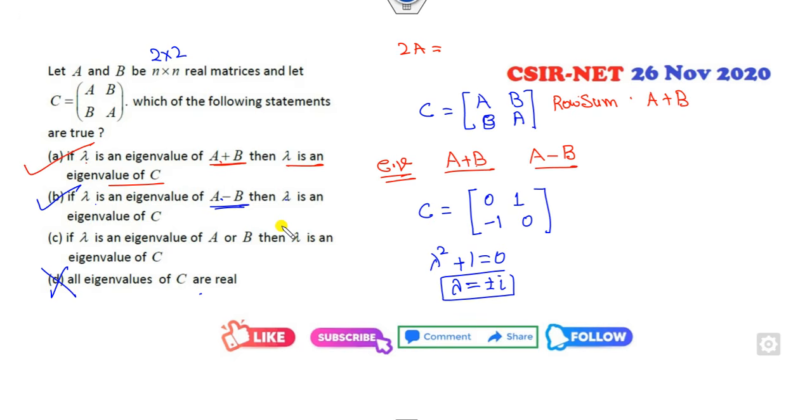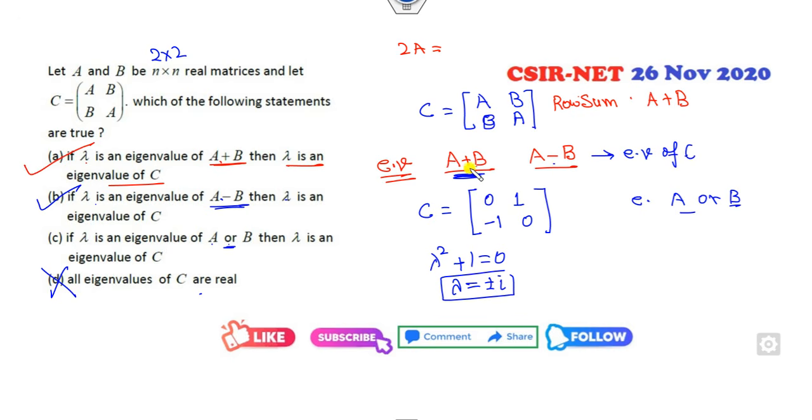How can you prove that lambda is an eigenvalue of A or B? Okay, that's wrong. Why? Because these are the eigenvalues of C. If lambda is an eigenvalue of A or B only, that means one of the eigenvalues is only A or only B. That's the meaning of this.